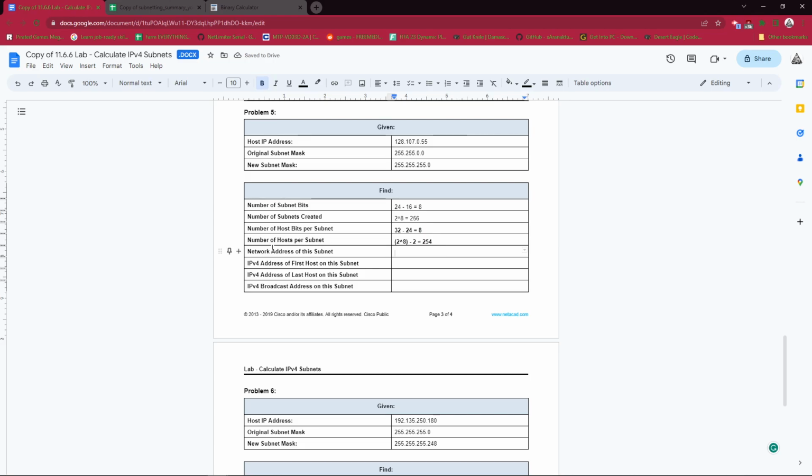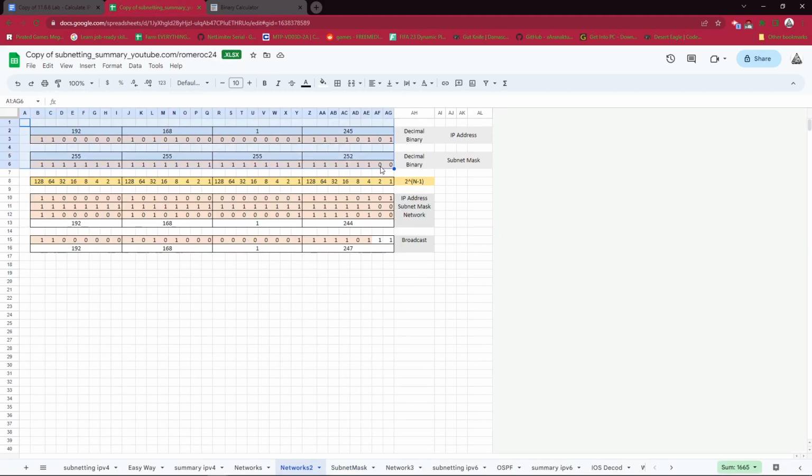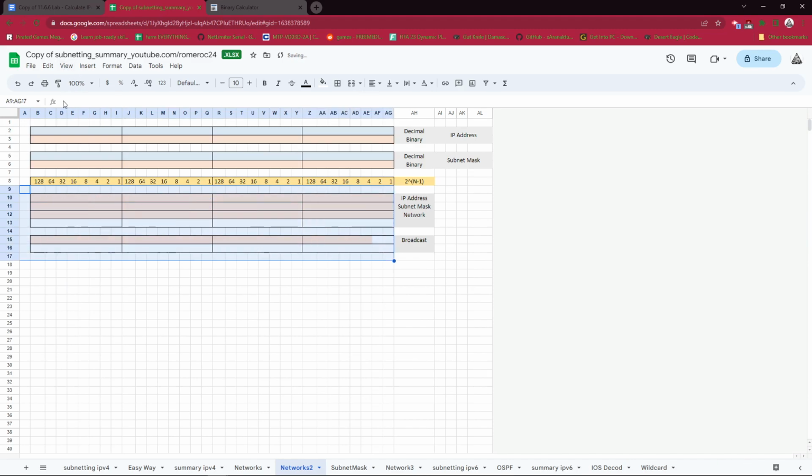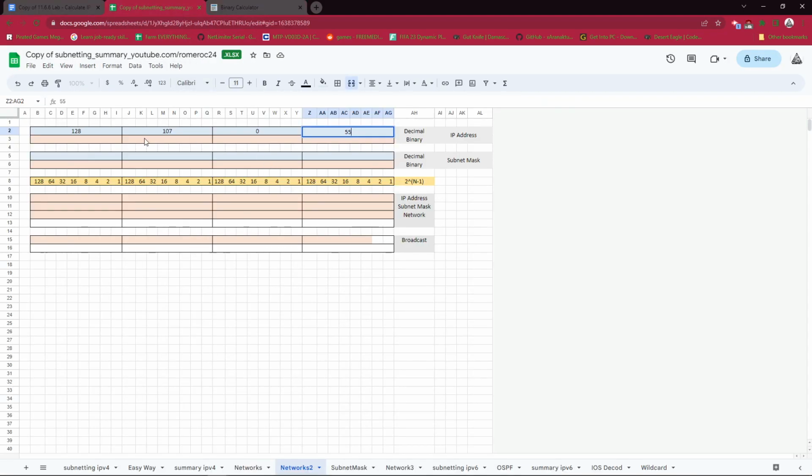For the network address, we need to copy this host IP address and place it here. Let me clear first. So 128.107.0.55. We need to change it into binary. 128 gives 10000000.